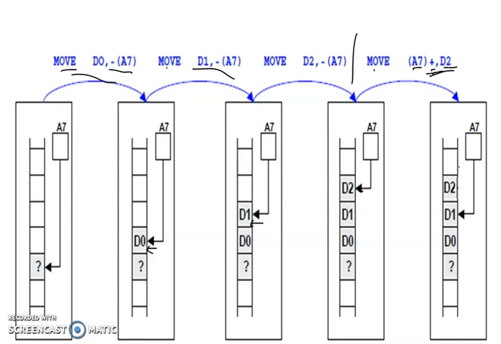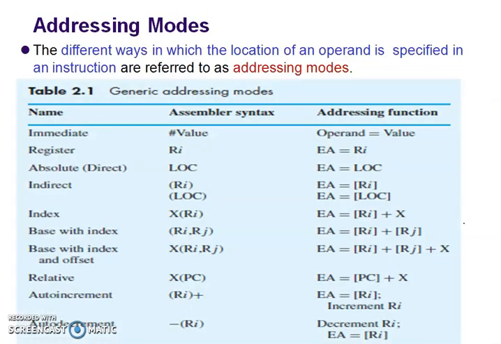So this value will be popped if you are making use of a stack like that, else if it is in memory, we are just copying the element from the location A7 to D2 and then increment the value, pointing to this location where D1 is stored. So this is the operation performed making use of the addressing modes.